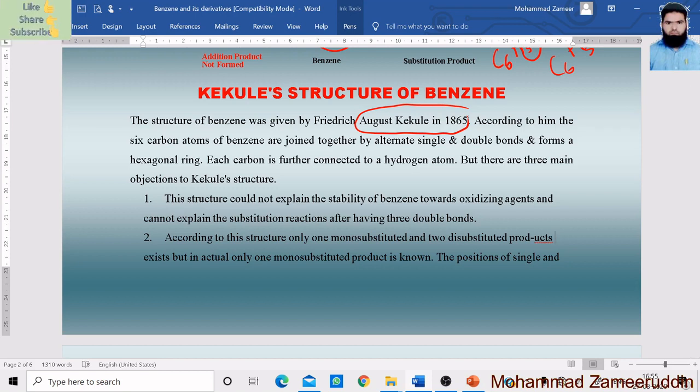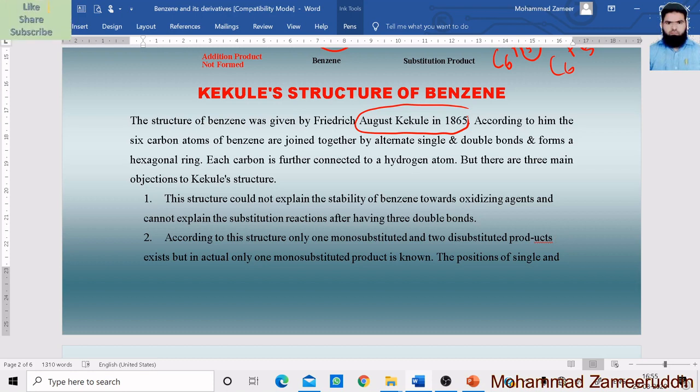According to him, the 6 carbon atoms of benzene are joined together by alternate single and double bonds.